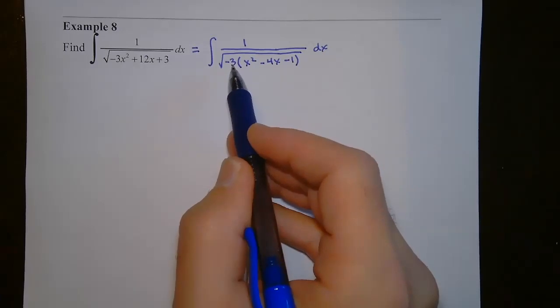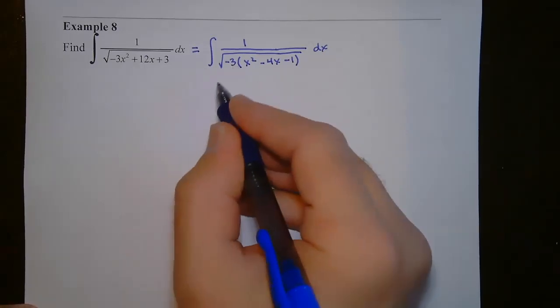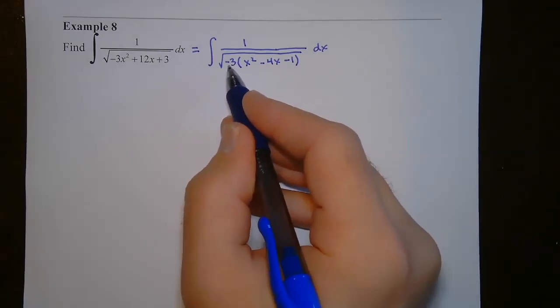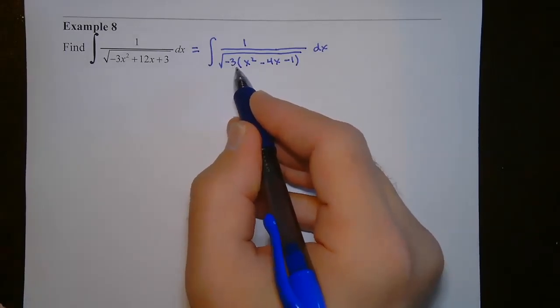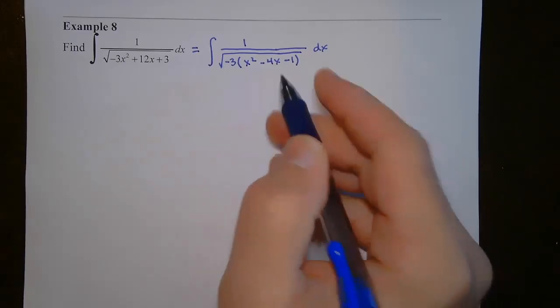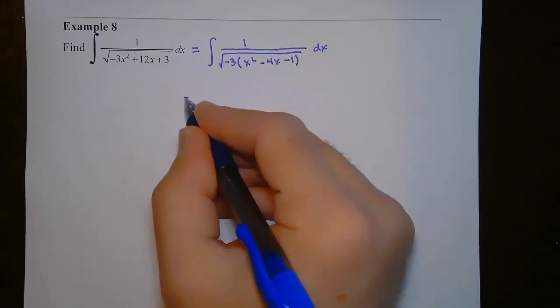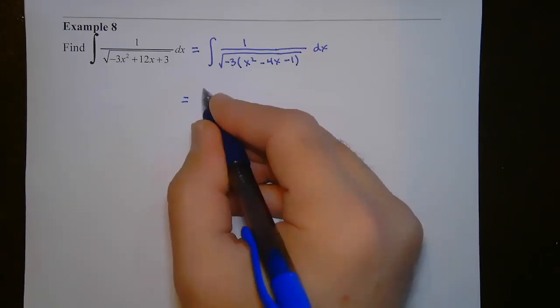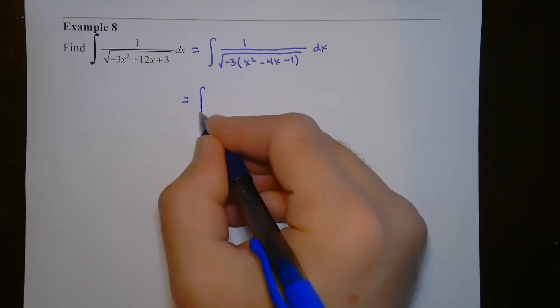So this is equivalent. You could also look at this as being negative 1 times 3 times this parenthesis. So what we have to do is break this 3 out of here, and let me show you how we're going to do a property that we've already used today.